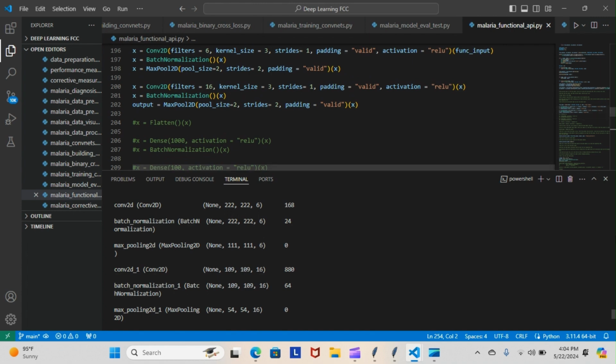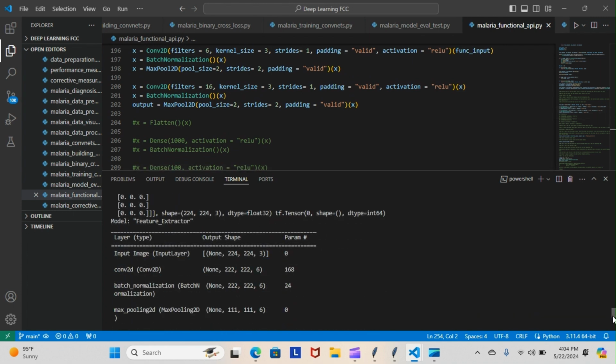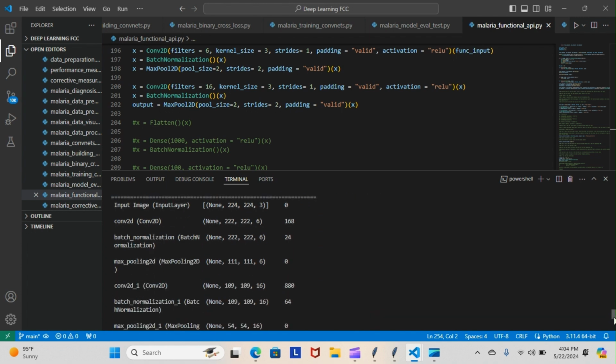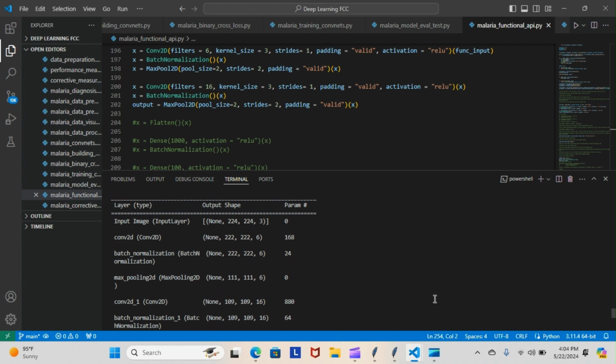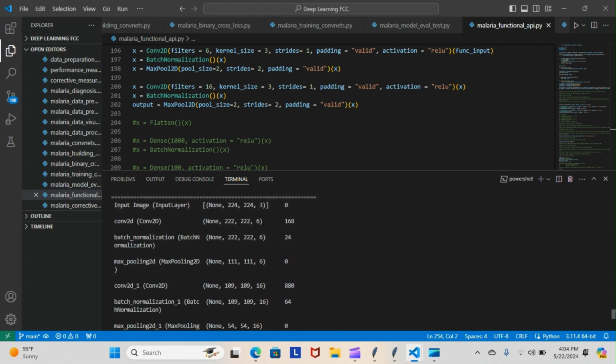So we actually did that. Let's have a look. Here we have our extraction information: all of our Conv2D and MaxPooling2D information without the classifying information of the dense layers.